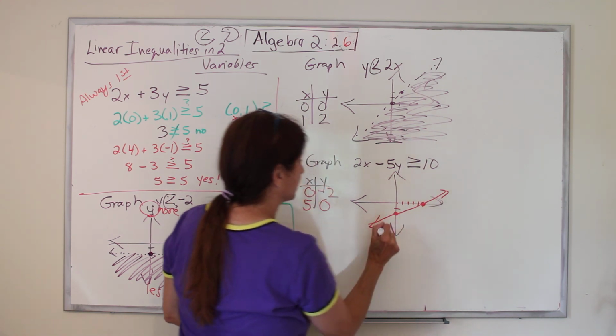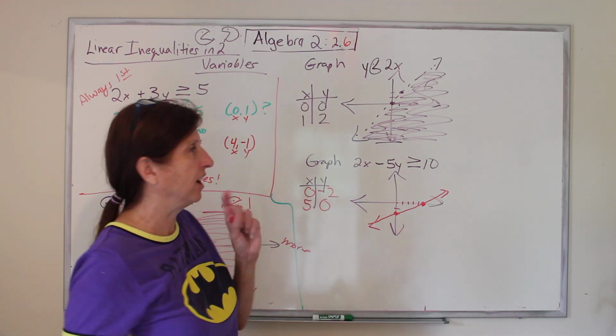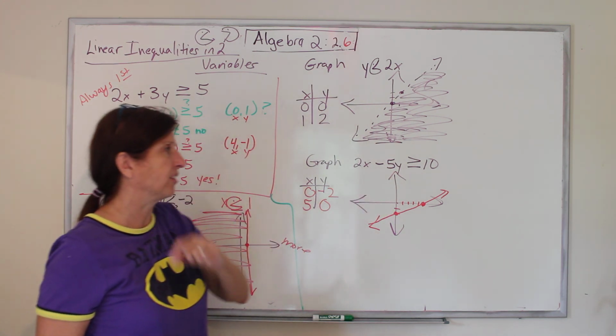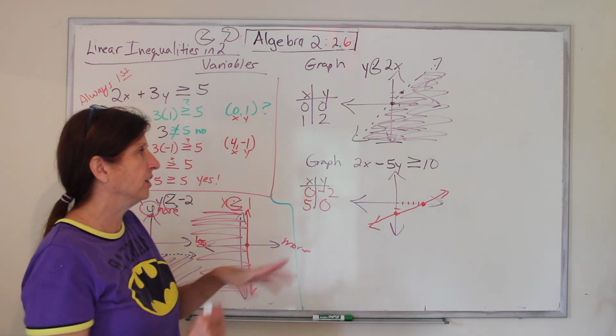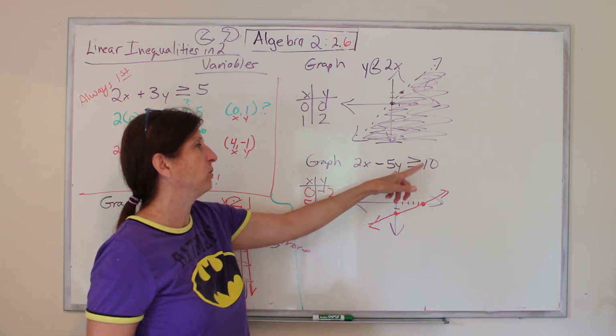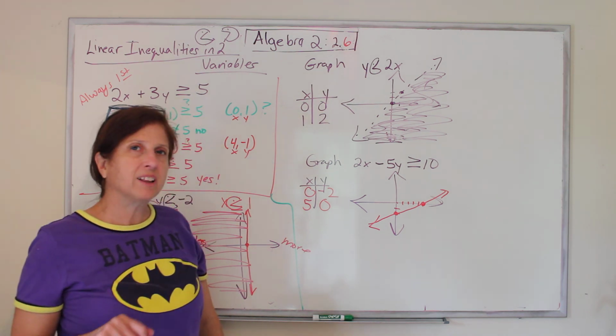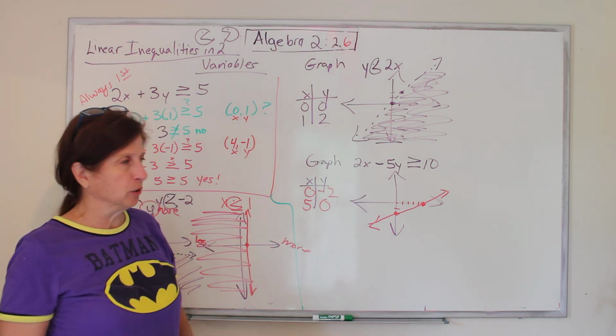Now the problem is which side to color. In real life, you could solve for y and put it in your calculator. Or the other thing you can do is solve for y and see if y is greater than or less than and color which side. But all of that's a little time consuming.